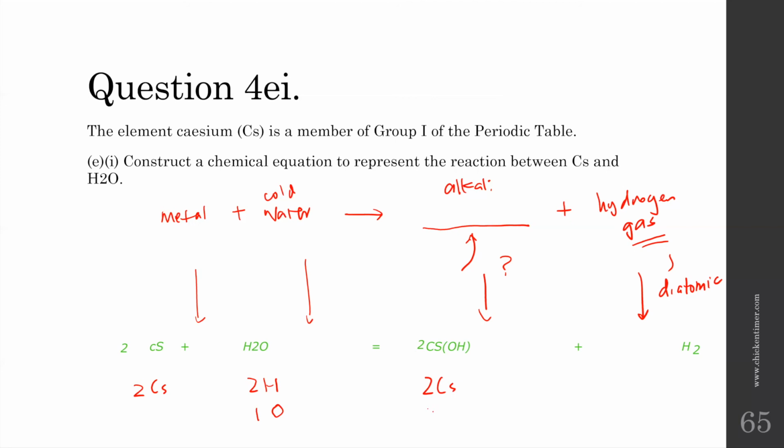Then over here, there's 2 oxygen, 2 hydrogen, and another 2 hydrogen here. Is it balanced? That is 4 hydrogen. So not balanced yet, huh? So what can you do?